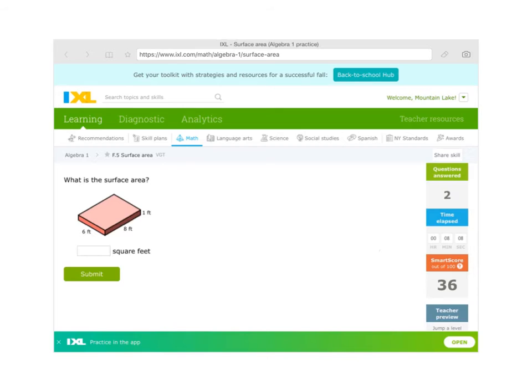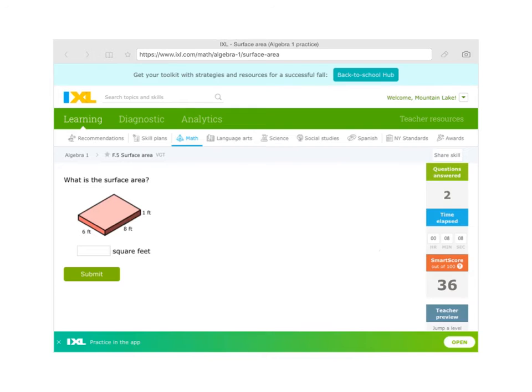So the total surface area, let's do that. 6 times 1 plus 2 times the front, then the back, which is even over here. So 2 times 8 times 1 plus, then we've got this area at the top. So this has dimensions of 6 and 8. And it's at the top and bottom.